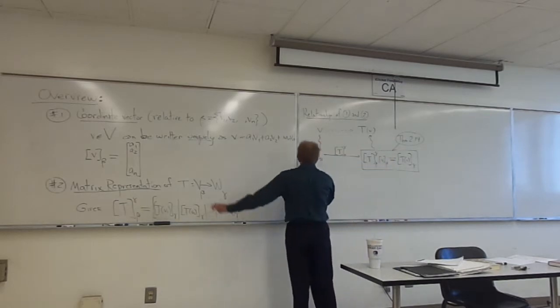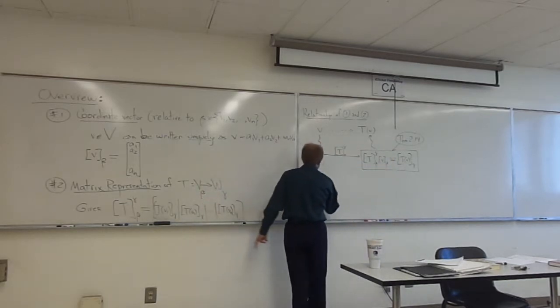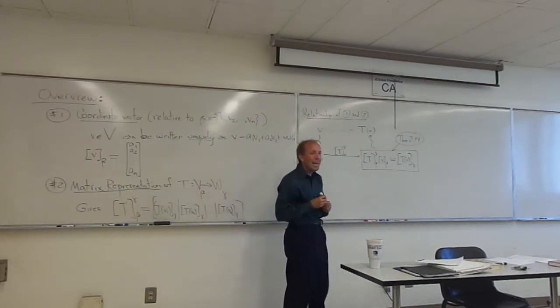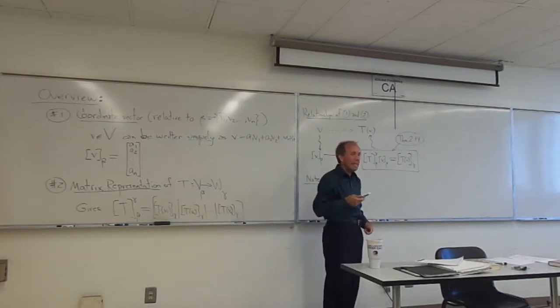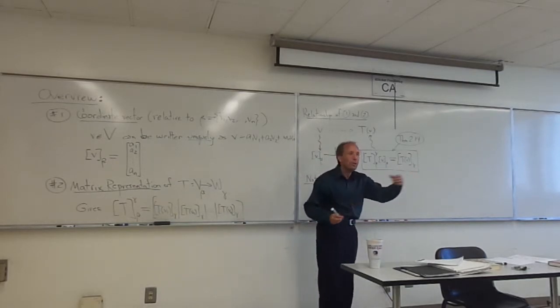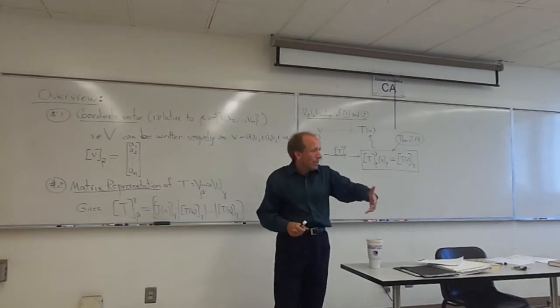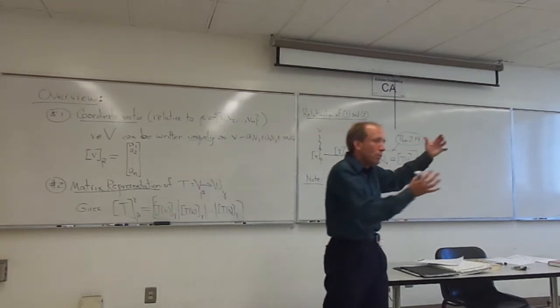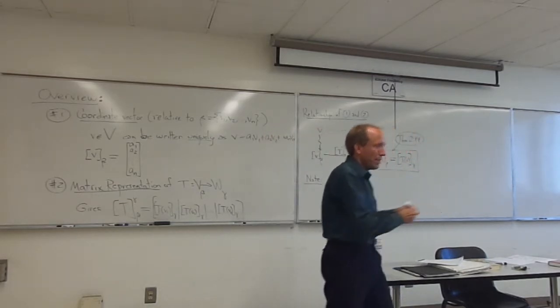One of the important things about the matrix representation is that if we ask questions about T, a transformation from V to W, we can often answer them by answering the same question about the matrix representation.